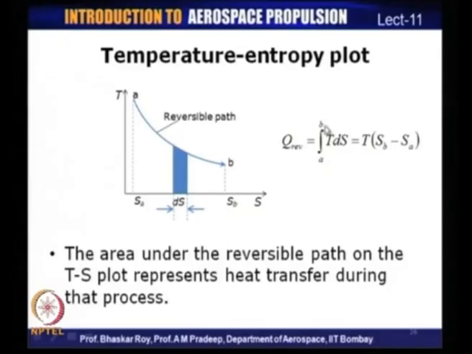Therefore, Q reversible is the integral from A to B of T dS, which is equal to T times (S_B minus S_A). So the area under the path for a reversible path on a T-s plot represents the heat transfer during that process, and we shall see during analysis of different cycles later on that we shall be using both the PV diagram as well as the T-s diagram very frequently.